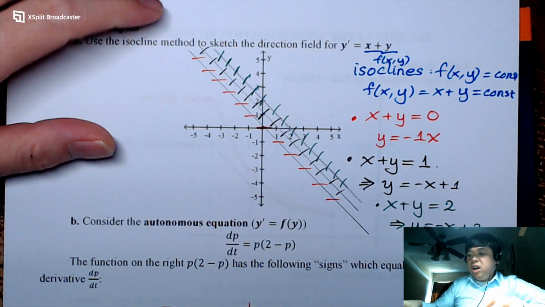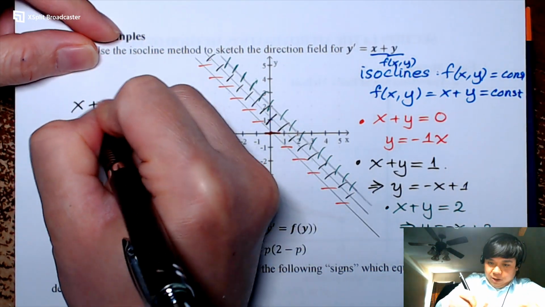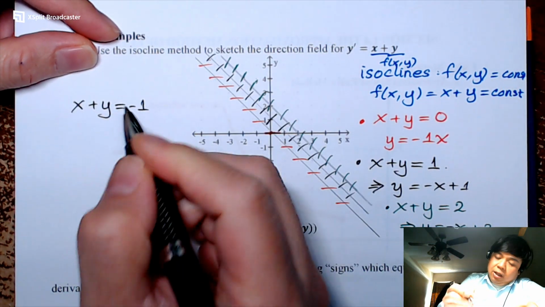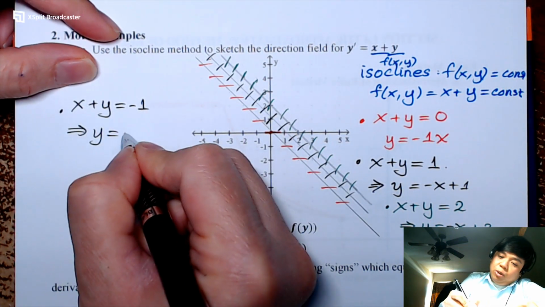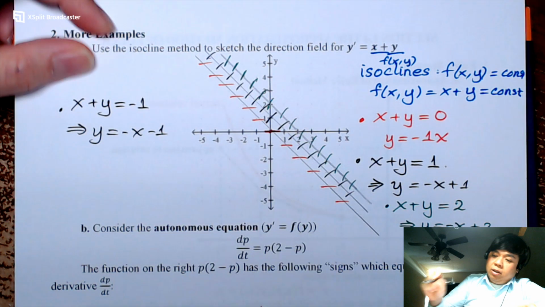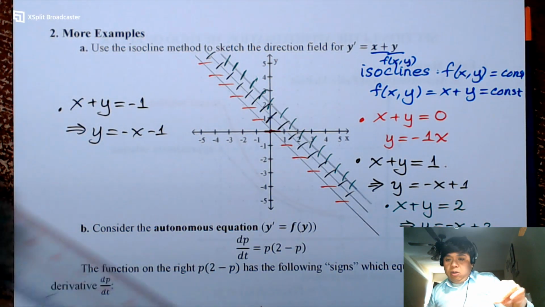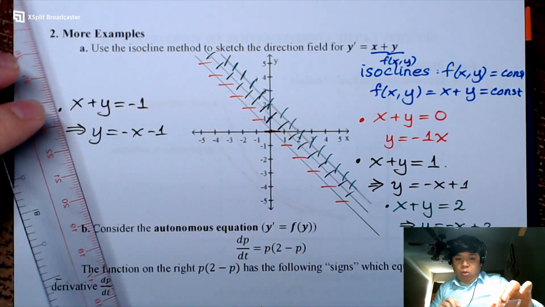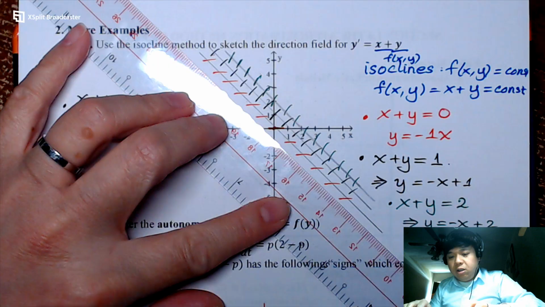And we can do negative as well. That gives us y equal to negative x minus 1.